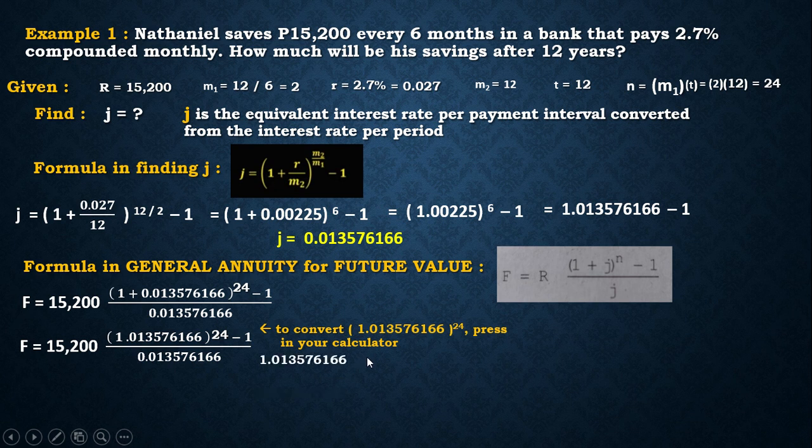Una, yung numbers, 1.013576166. And then yung ganitong symbol sa calculator, kung makikita nyo, o kaya ito po. So, alin man dyan sa tatlo na yan, isa lang po ang pipindutin nyo. Next, ang susunod yung pipindutin ay yung exponent na 24, and then the equal sign.